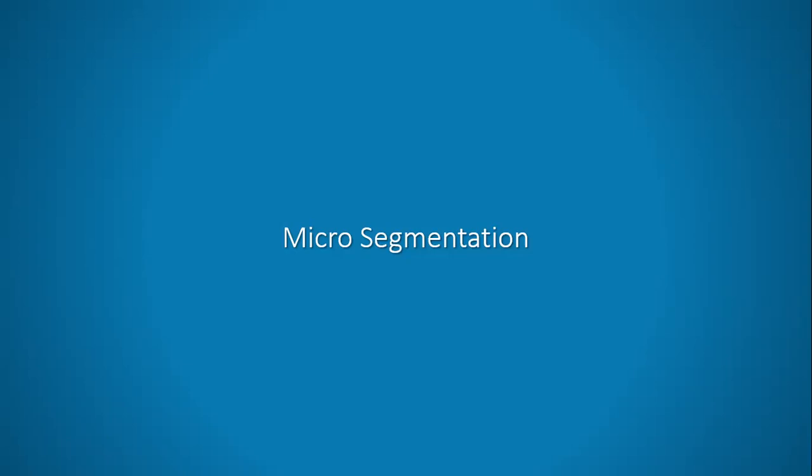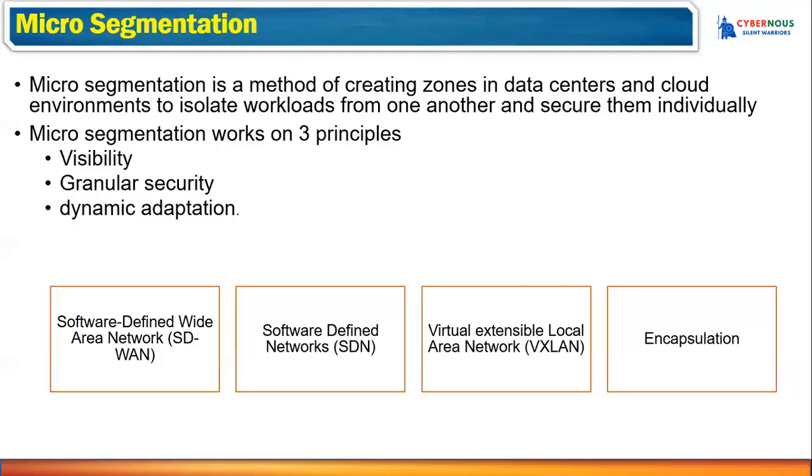But guys, that is not what we are discussing here. We are talking about a topic which is even more advanced, that is micro segmentation. Let's explore what micro segmentation is. So, micro segmentation is a method of creating zones in data centers.